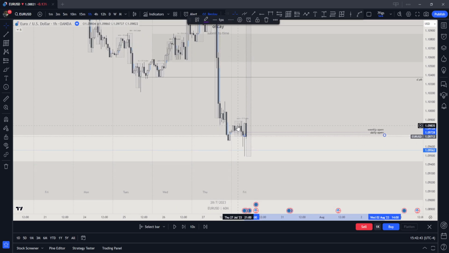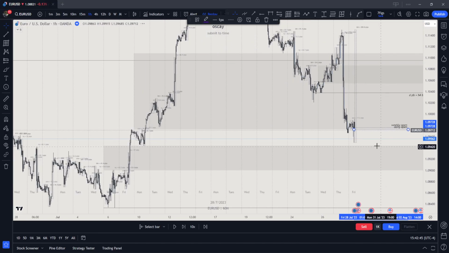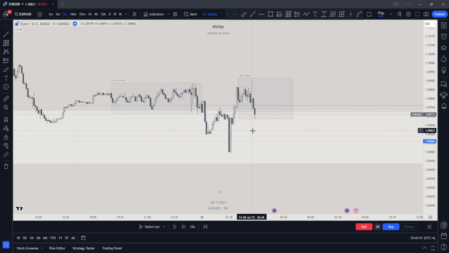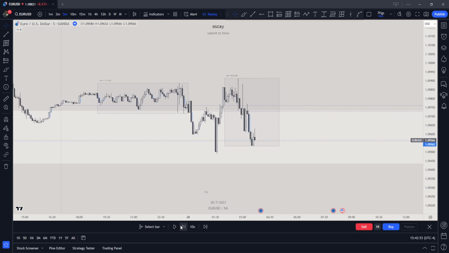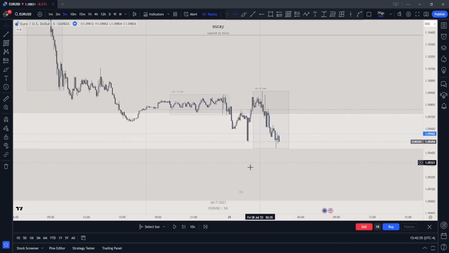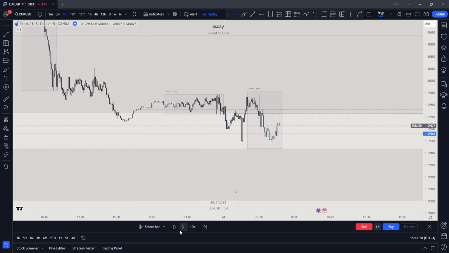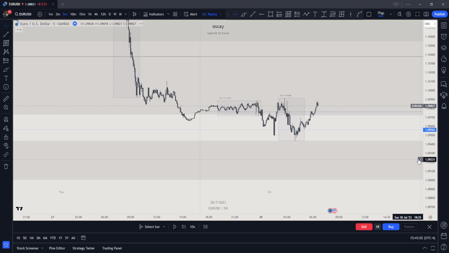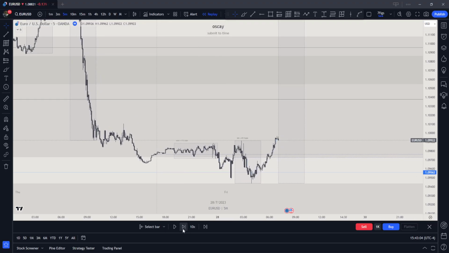This is the start of New York session. So I'm expecting upside either from this bottom here, or I'm expecting downside from the daily propulsion block and H4 breaker.